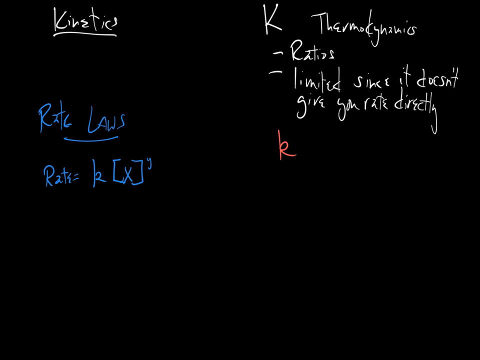And so every rate law will look something like that. Another example: let's say we have the concentration of two different things, like A times B. And once again, A and B could be to a different power.